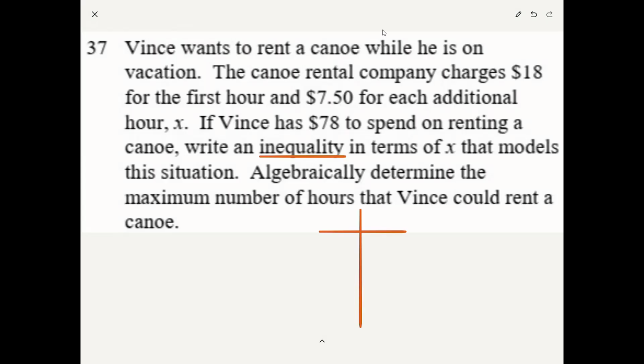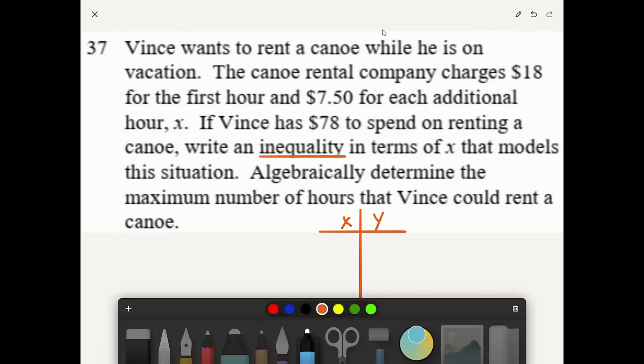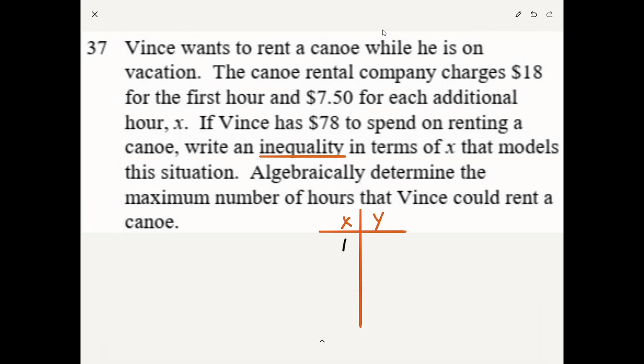So I'm going to say X is the number of hours, Y is the total cost that Vince is going to incur. So we already know on the first hour, let me use black, Vince spent $18. The second hour, he has to spend another $7.50.